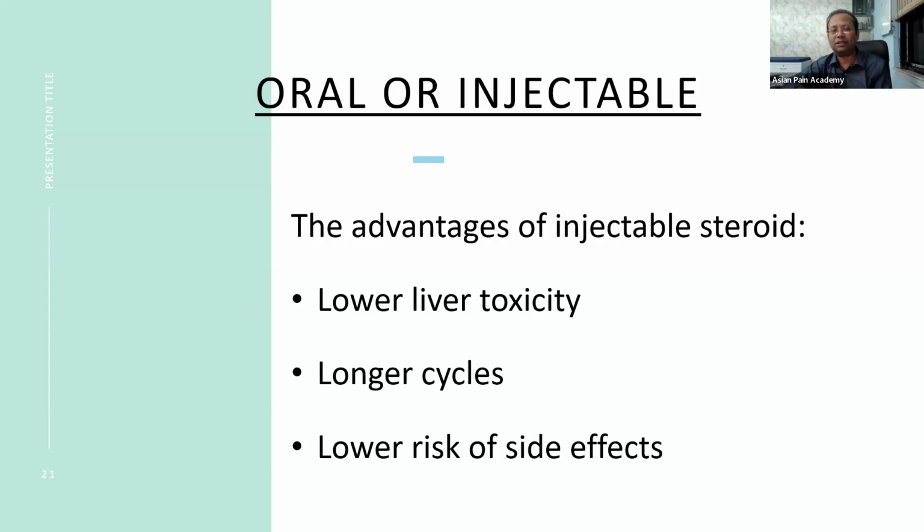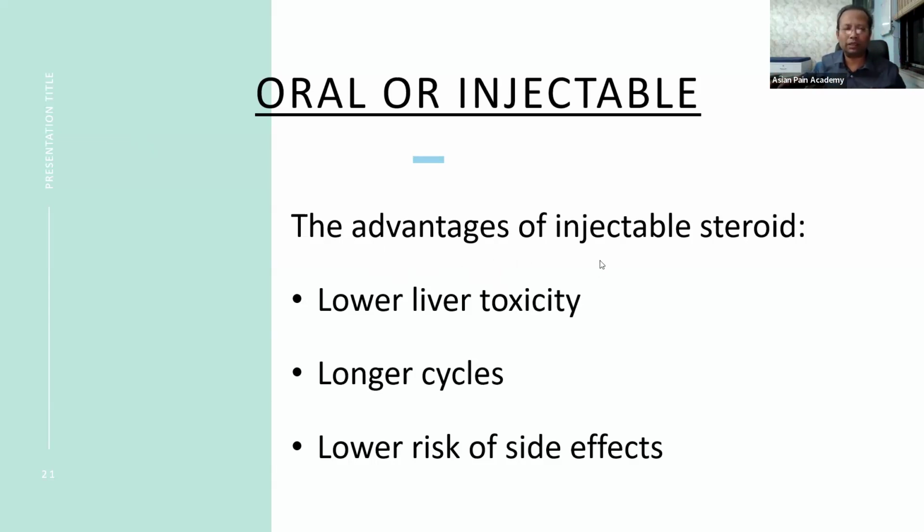Now, for a pain physician, the most important question is the advantage of injectable steroid. For the same disease, if the patient goes to a neurologist, they most of the time write oral steroid, but we prefer injectable steroid. Why? With our interventions, the one advantage is much less side effects, because we are not giving it in the blood where some amount goes to the right place and the rest in the systemic circulation.